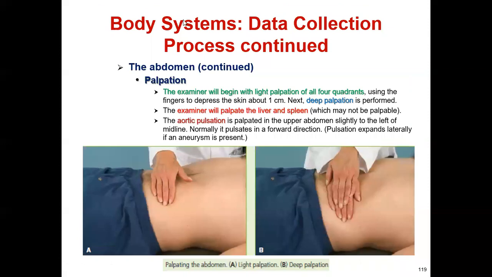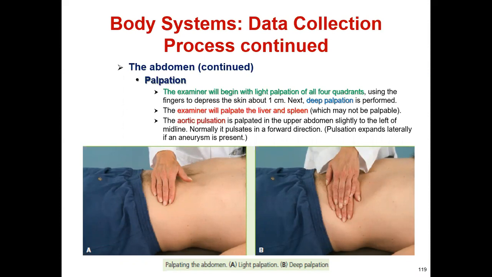The next one is palpation. Basically, there are 2 types of palpation, light or superficial and deep palpation, right?